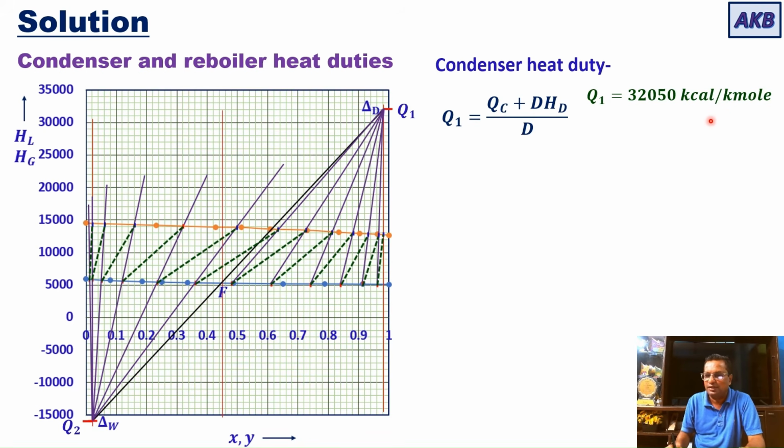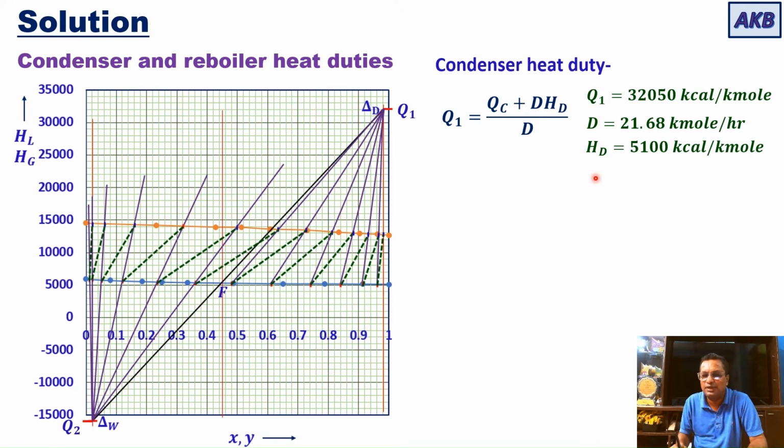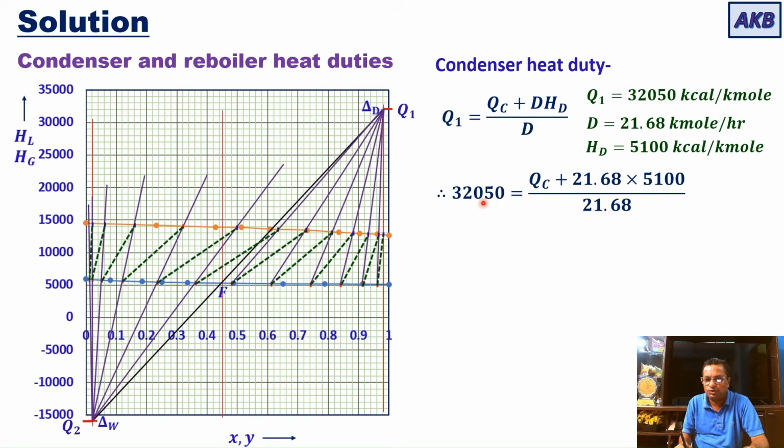Then D we calculated previously; it is 21.68 kilomole per hour. HD we had used earlier; it is 5100 kilocalorie per kilomole. If you use all the values, 32050 = QC + 21.68 into 5100 divided by 21.68. That is, 32050 into 21.68, which I have brought to this side, is equal to QC + 110568.